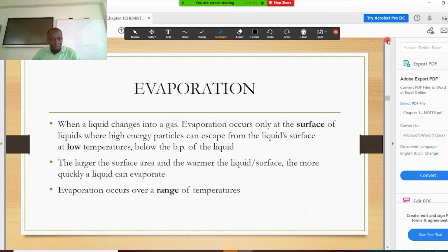Third one, in terms of the rate of reaction, boiling occurs very fast, but evaporation is slow. So it takes place slowly. But boiling occurs very fast. So that is in terms of the rates of reaction. Right? Good.